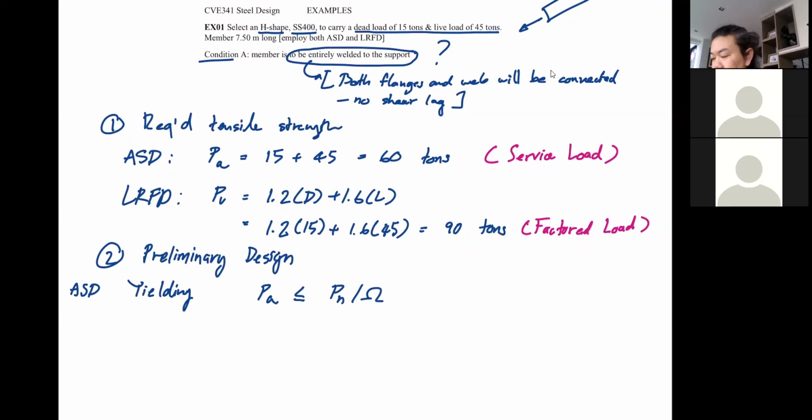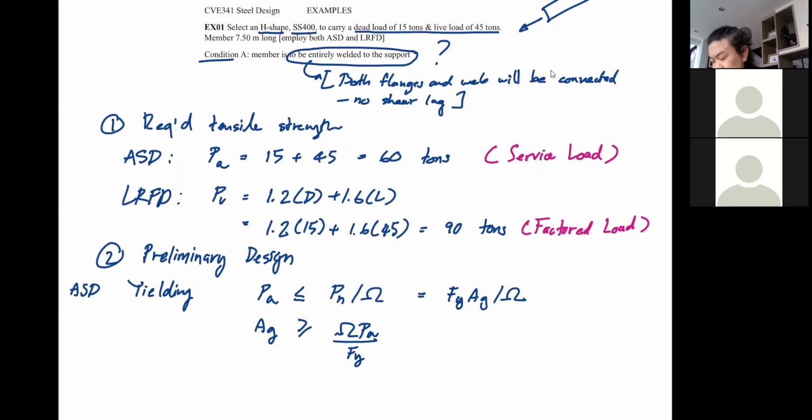For yielding, our P nominal is FY AG, and this is divided by factor of safety. So from here, I can calculate the area that I would need, correct? So AG would have to be equal to or greater than factor of safety multiplied by PA divided by FY. Correct?